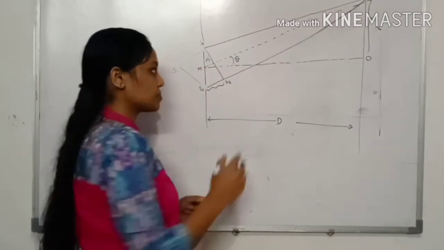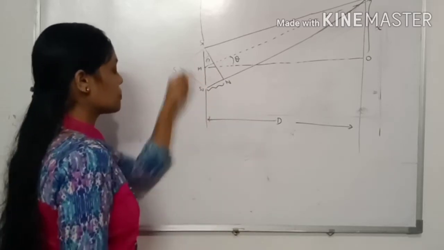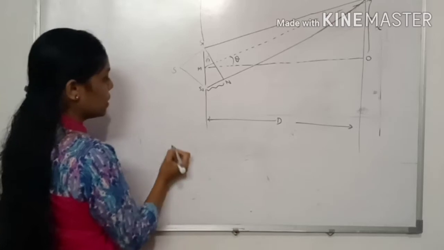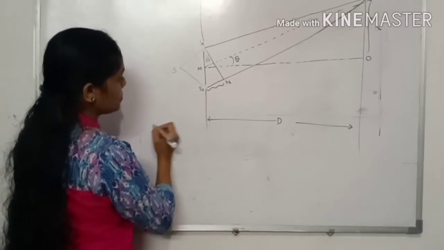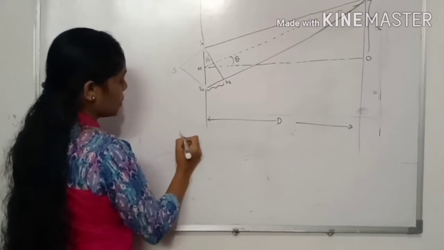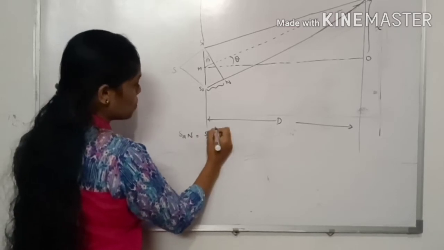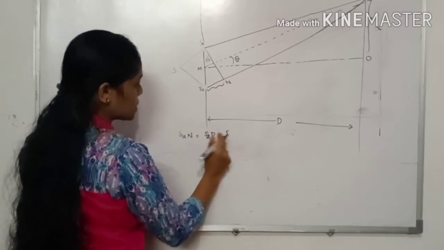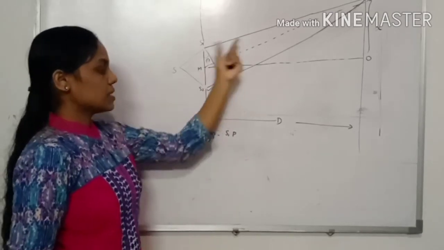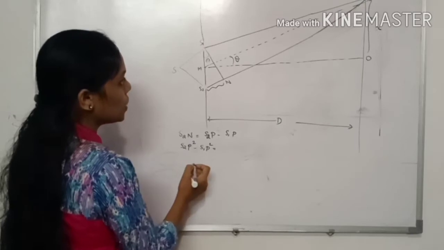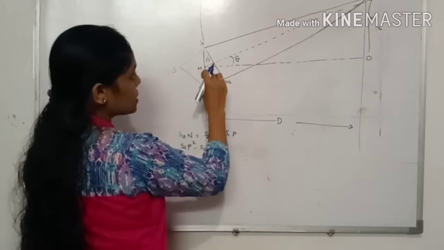Just check it out. So S2N is equal to S2P minus S1P.